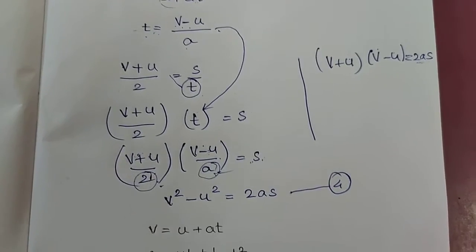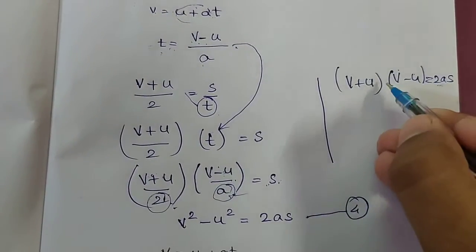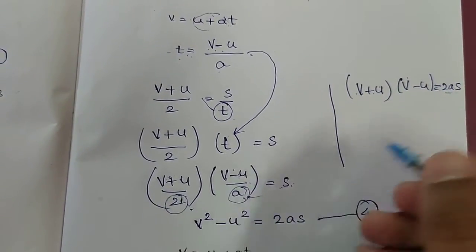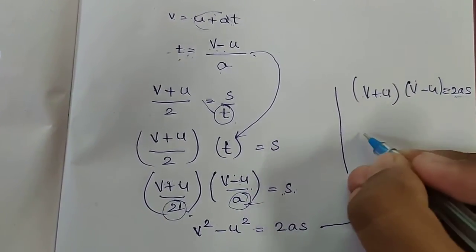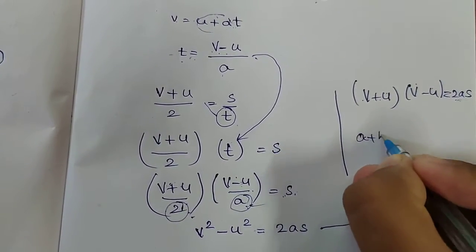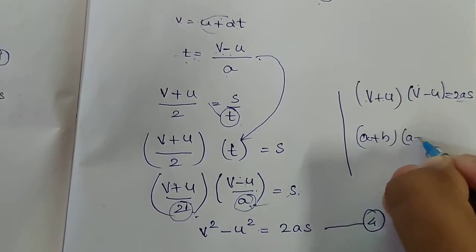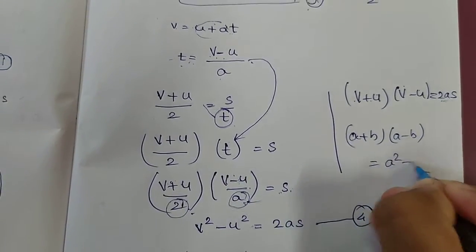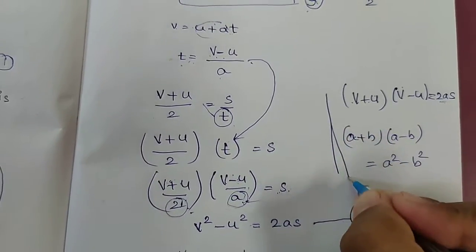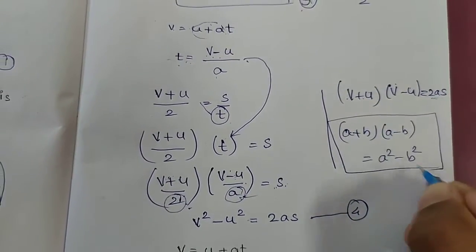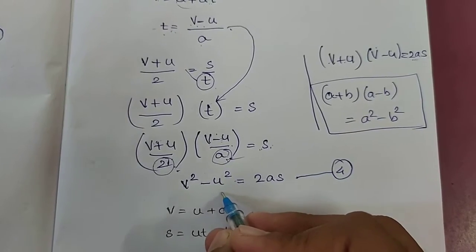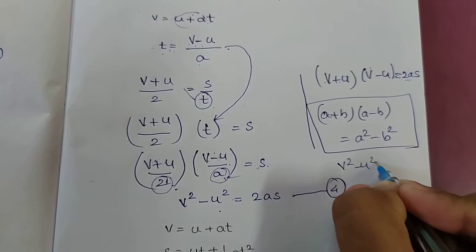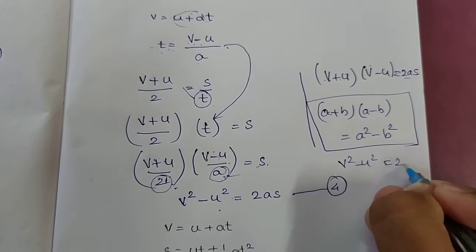Or instead you can use the formula: a plus b into a minus b is a square minus b square. So using this formula we are deriving this equation: v square minus u square is equal to 2as.